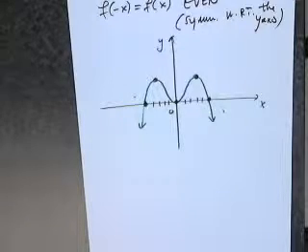Negative 7 to 7 with a scale of 1. Y minimum negative 2, and I already saw that I have to go probably to 50 with a scale of 5. So negative 7, 7 left and right with a scale of 1. Y minimum negative 2, I don't care about below. Y maximum, I don't know if 50 is good enough. We'll see in a moment.